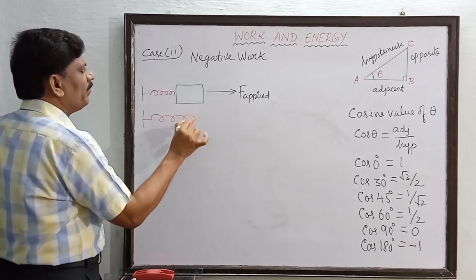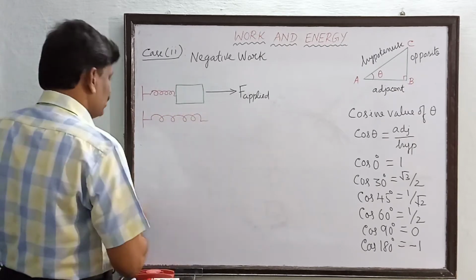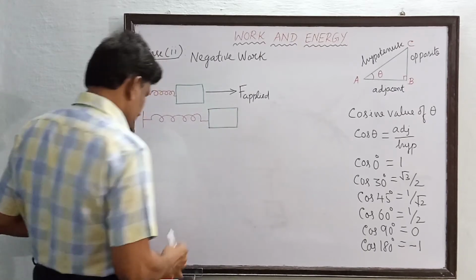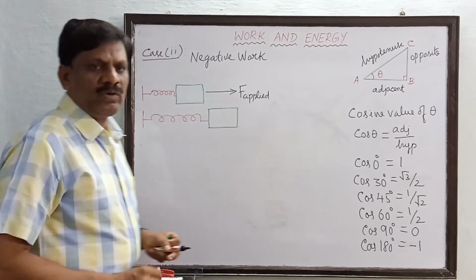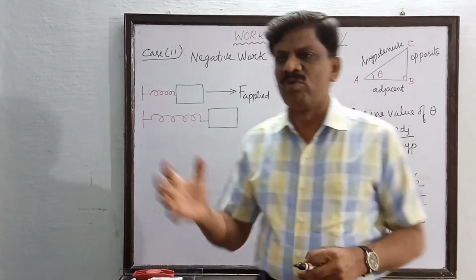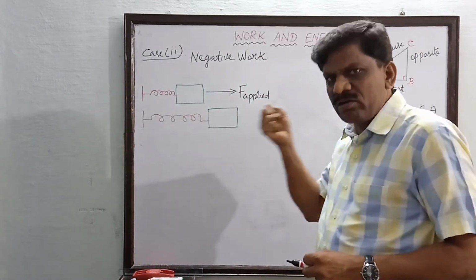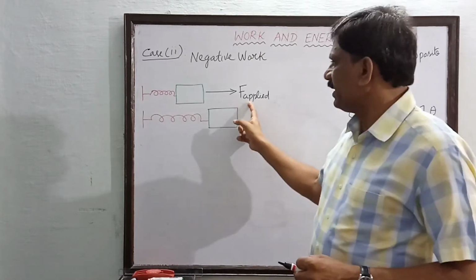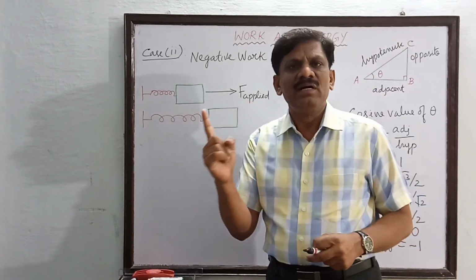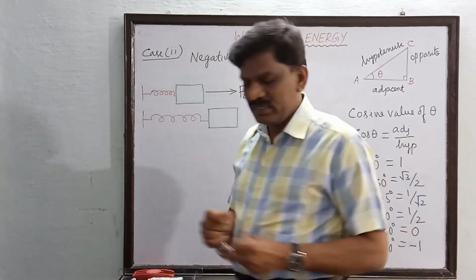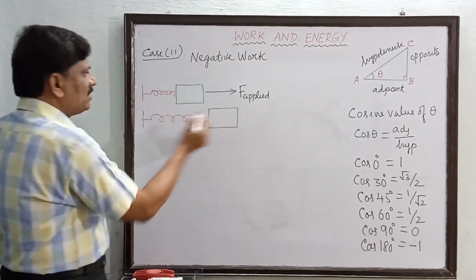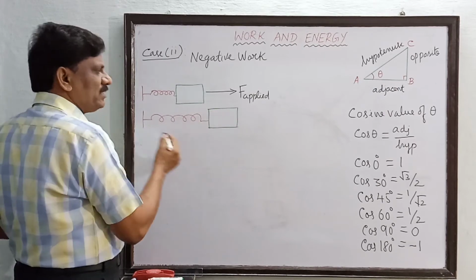The spring will be stretched like this, and this is the wooden block which is tied to the spring. So can you all see here, students, when I apply a force, I just pull the wooden block which is connected to the spring. This is the direction in which I am applying a force, and there will be a force which is going to pull the block in the opposite direction.